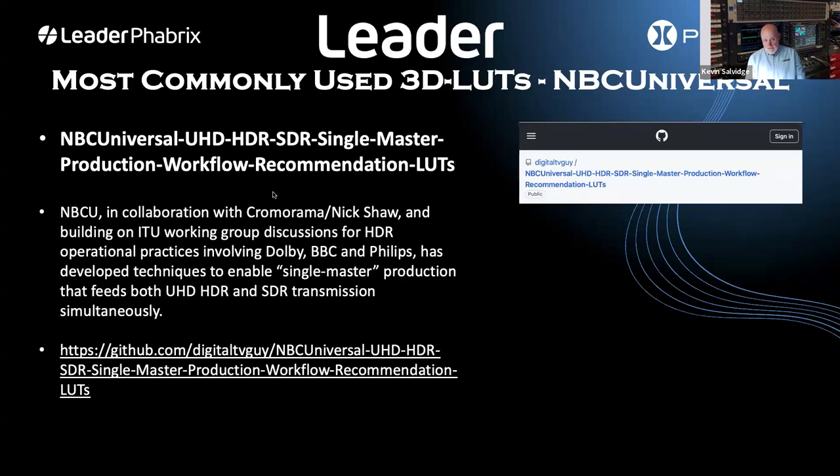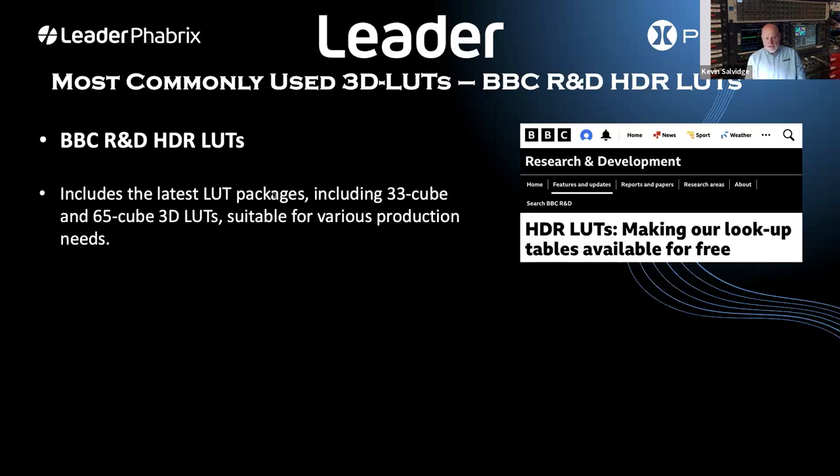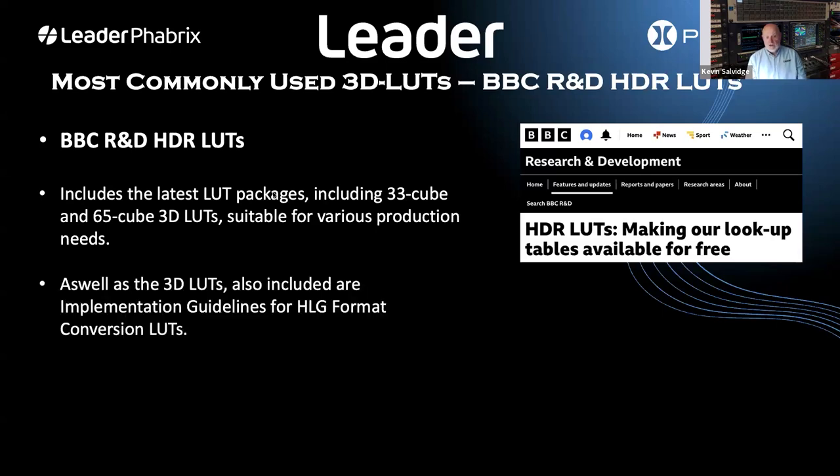And many of you, along with the NBC Universal LUTs, may well be familiar with the BBC and the work that they've done with LUTs. Obviously, this is predominantly focused around HLG because the BBC and NHK jointly developed this. But we're not here to talk about HDR and all of that today. But again, you can now download these LUTs free of charge.